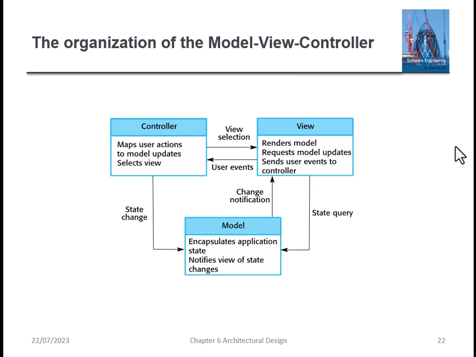Either new data comes, or data is deleted, or many other operations are possible. So which component is responsible? This controller. The controller actually plays the role of a bridge, mapping user actions to model updates and selecting the view, and state changes are informed to the model, and the data is here.